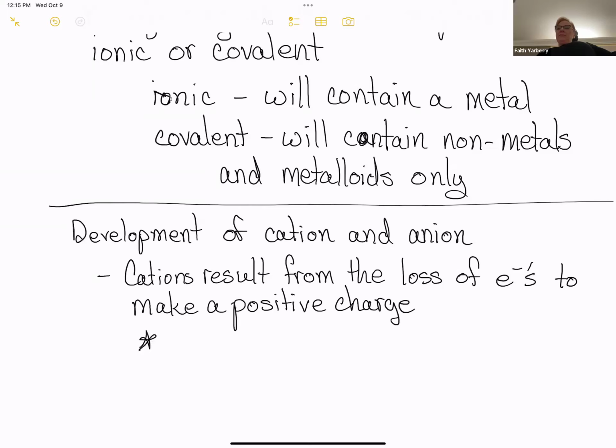That means that cations have fewer electrons than protons.